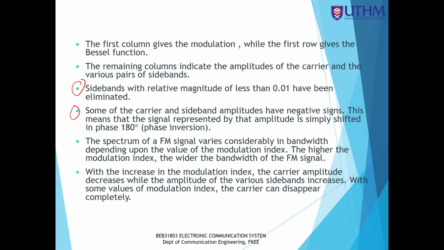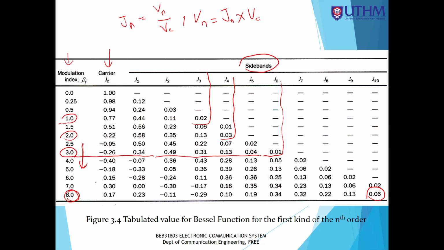And sorry, the Bessel table in your notes has omitted or neglected the values less than 0.01. So the table in your notes has omitted the values of sideband less than 0.01.